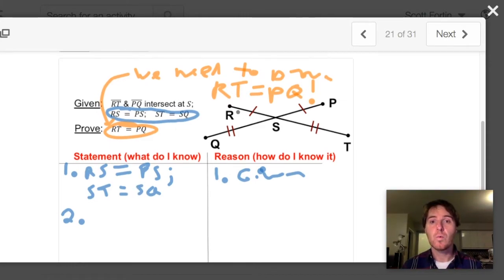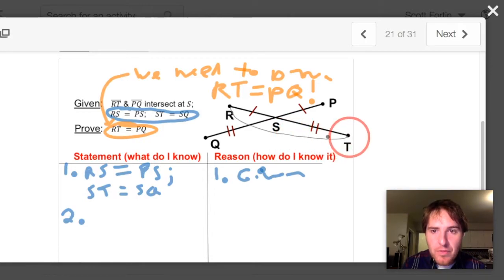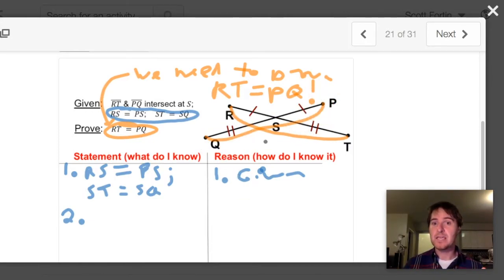So question, what's maybe one way I can get RT? How would I make a statement about length RT and something about length PQ, because the idea is we want to show that those lengths are the same.